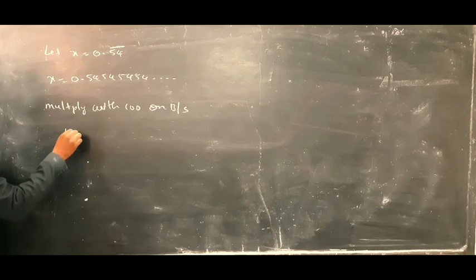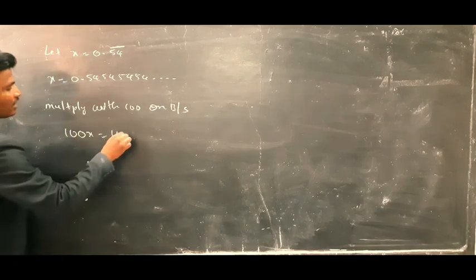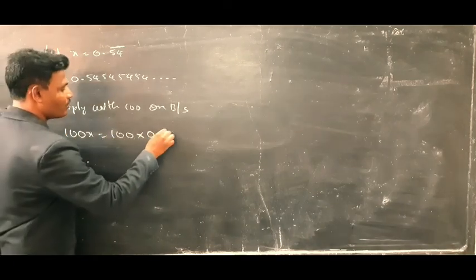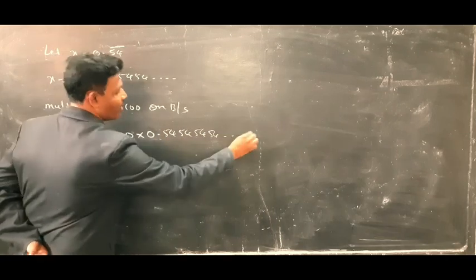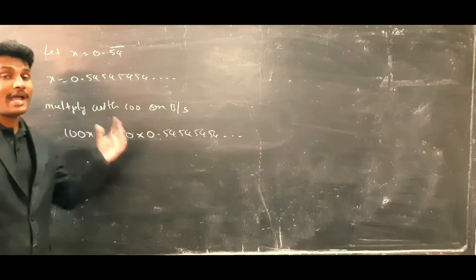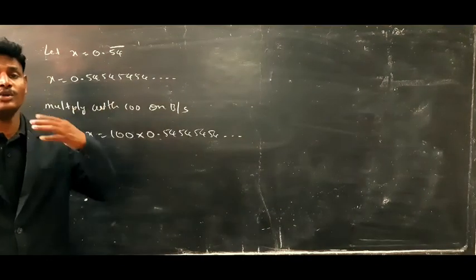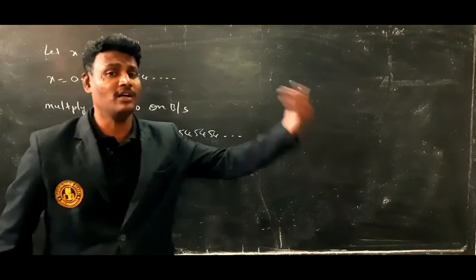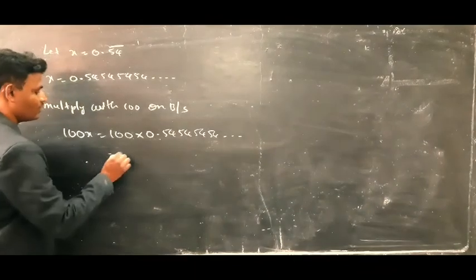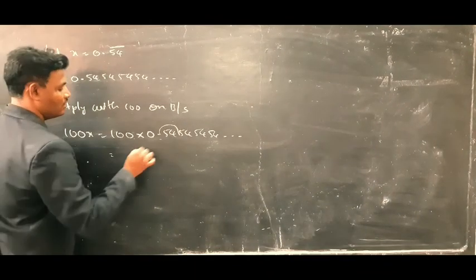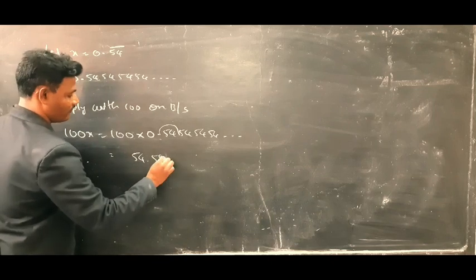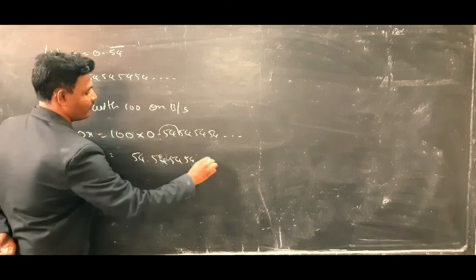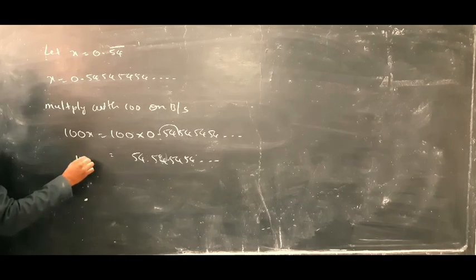So it is 100x is equal to 100 into 0.545454 and so on. Here I am multiplying with 100, so you have to move the decimal point forward. So it is 54.545454 and so on.